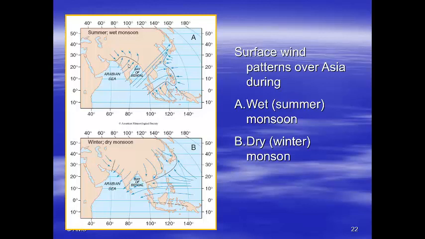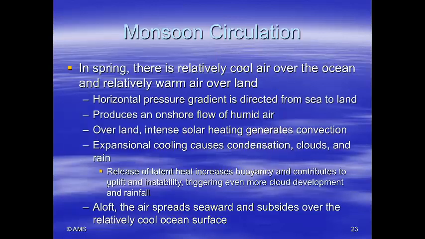In the winter, the circulation pattern changes, and the wind blows off of the land onto the sea. So in the spring, there's relatively cool air over the ocean and relatively warm air over the land. So this produces a horizontal pressure gradient that's directed from the sea to the land.